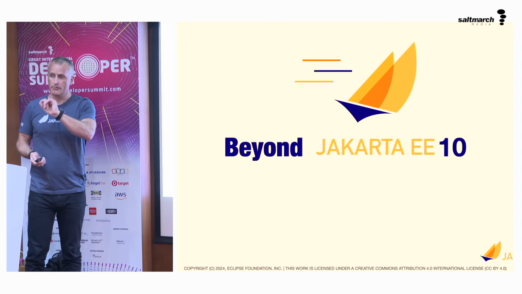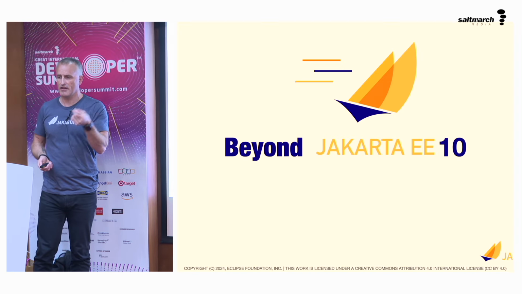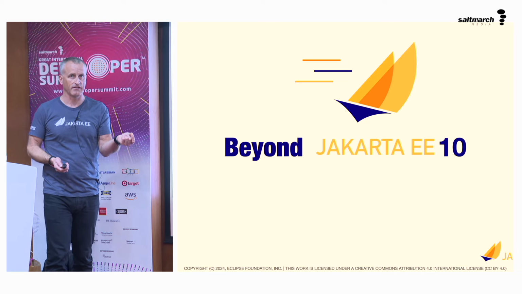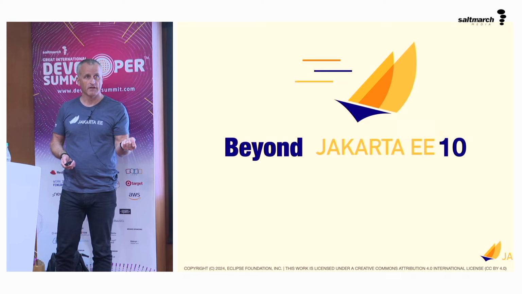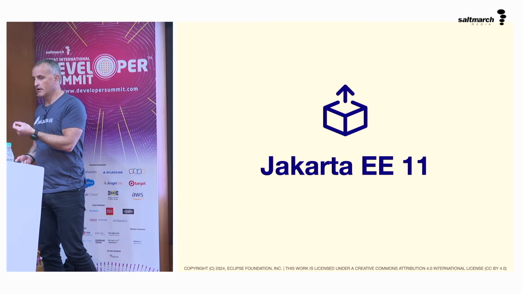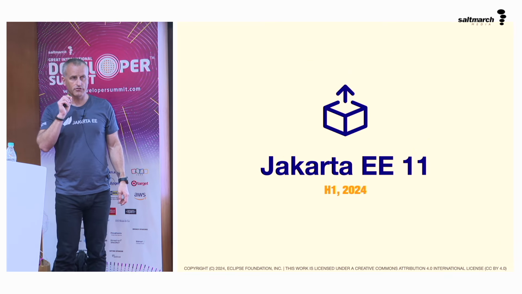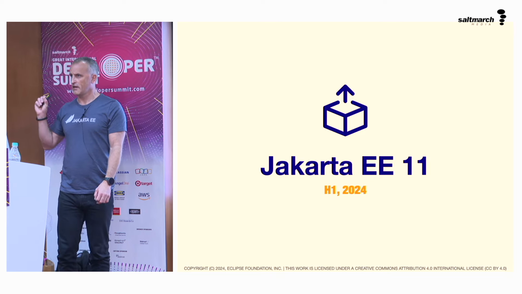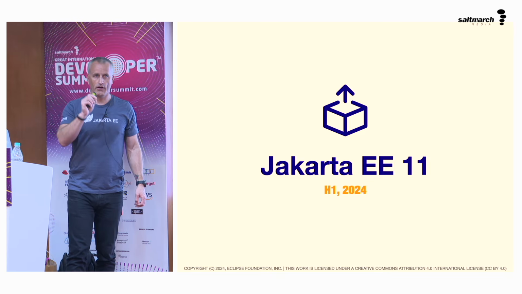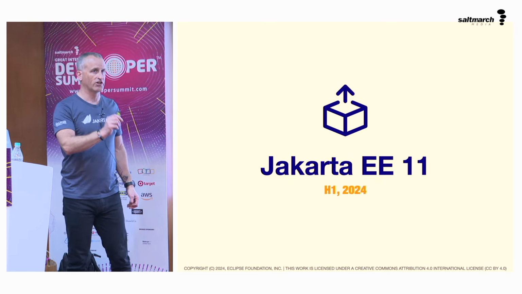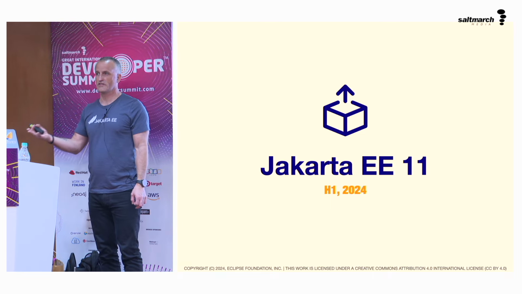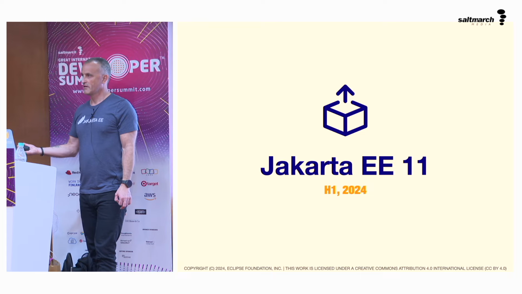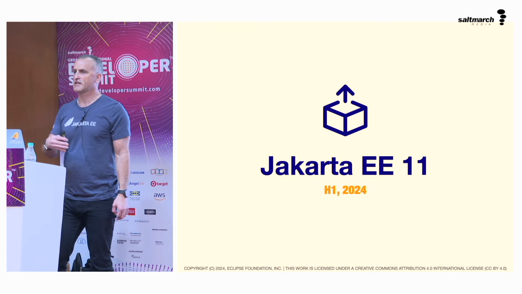So as you see, we're already rippling in Jakarta 10 features in Spring, and you're already using it even though you didn't know it. And that may trigger you a little bit to know about what's coming in 11. Because in July this year, we're going to release Jakarta 11. And how long do you think it will take until you have these features in your Spring Boot applications? It'll probably be some months after summer.